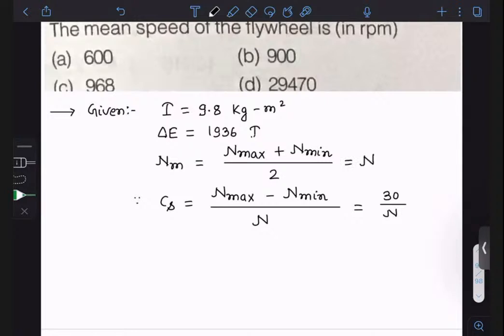Here this is also N, N mean is N. So delta E is I omega square CS.